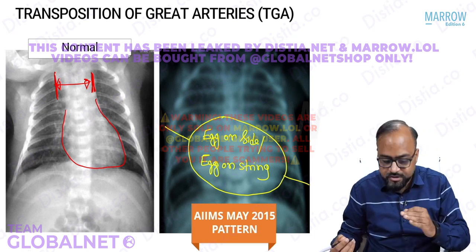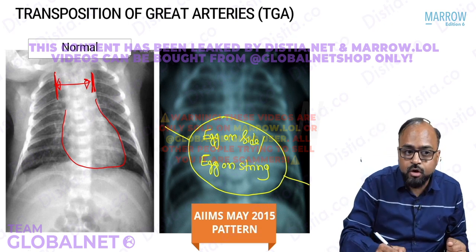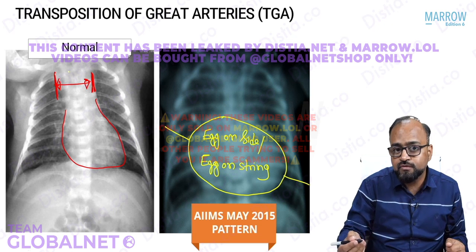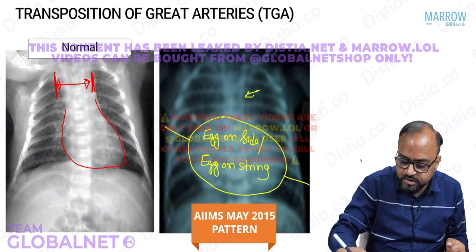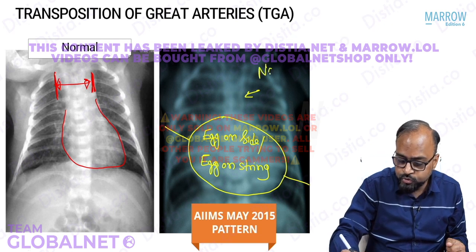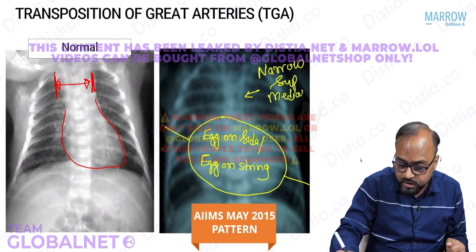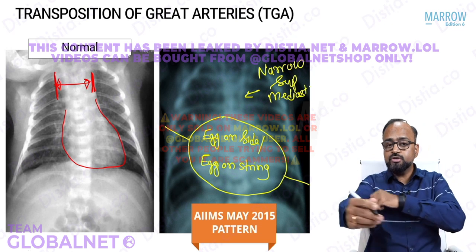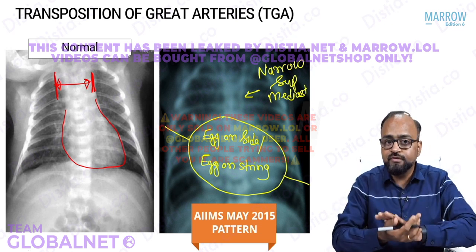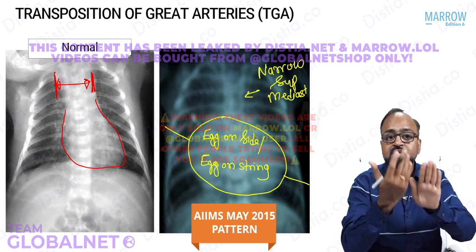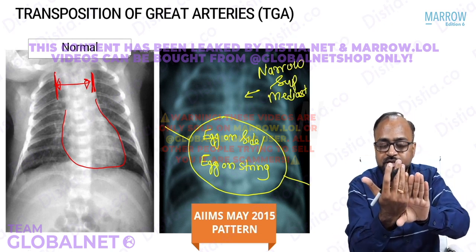Another very important difference is that normally the mediastinum is wide because of the prominent thymus. Here, can you see the mediastinum is extremely narrow. So a narrow superior mediastinum is another feature. Why is it so? It is because in TGA, transposition of great arteries, the origin of the great arteries is flipped. Normally the great arteries lie side by side, and that also contributes to the mediastinal shadow.